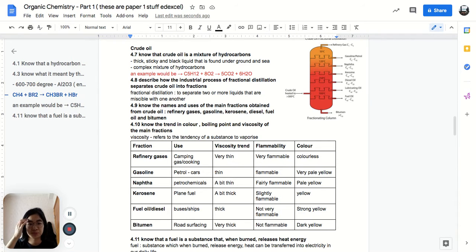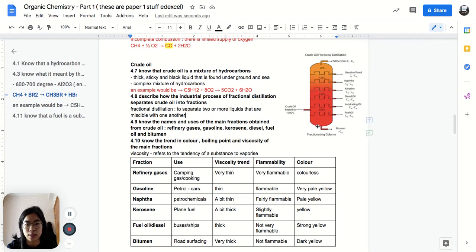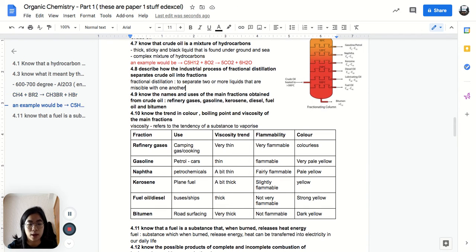It basically separates crude oil into many different gases or oils that are important for industry. As you can see in this picture, crude oil comes in here, gets heated, and then goes to different fractions that will be used later on. I will show you what I mean in this table.